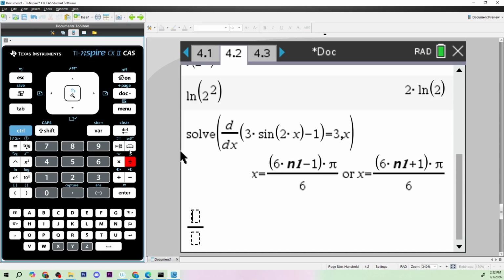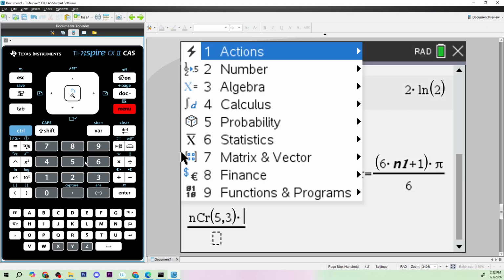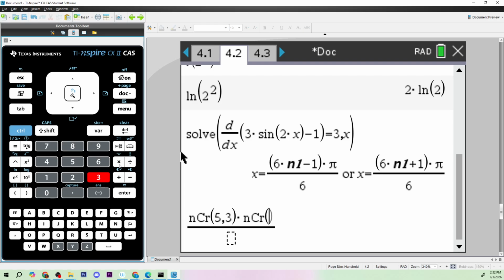Menu 3. This will be 5 choose 3 times 4 choose 1 over 9 choose 4, plus this one here.